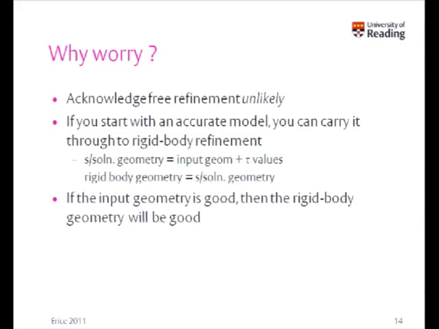And then your rigid body geometry in the refinement will basically be that output by the structure solution. So if your input geometry is good, then the rigid body geometry is good, and the structure refinement becomes relatively easy.